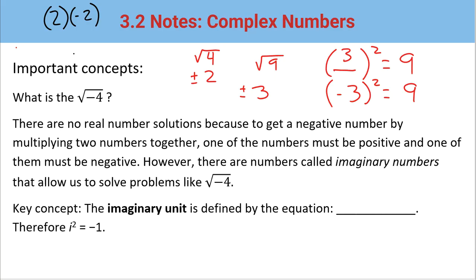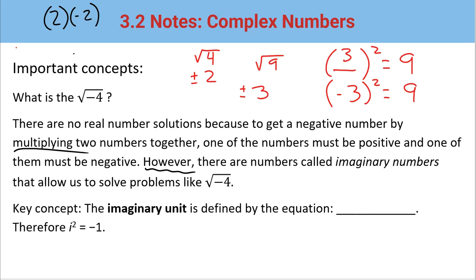We get kind of stuck in a loop because there is no real number solution to this. To get a negative number by multiplying two numbers together, one of them must be positive and one of them must be negative. However, there are numbers called imaginary numbers that allow us to solve this type of problem.